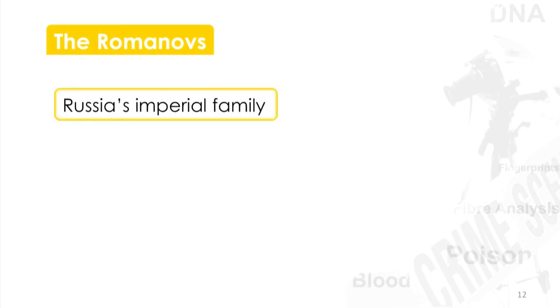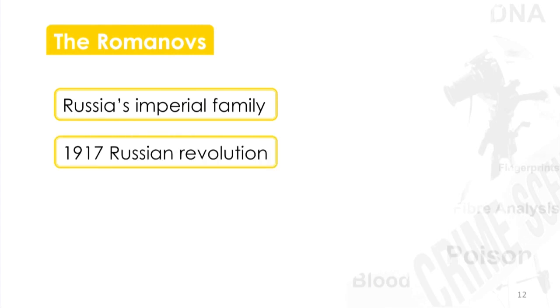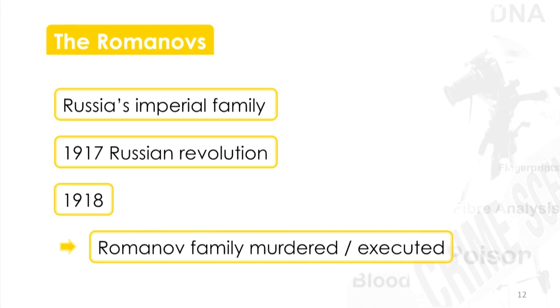Now, following the Russian Revolution in 1917, the imperial family, the Romanov family, the Tsar, the Tsarina, and their children were detained, ultimately in the city of Ekaterinburg, and in 1918, on the orders of Lenin, they were murdered or executed, depending on your point of view. The Bolsheviks attempted to destroy the remains, and the bones of the royal family were eventually buried in the woods, and the Bolsheviks hoped that they would be forgotten.